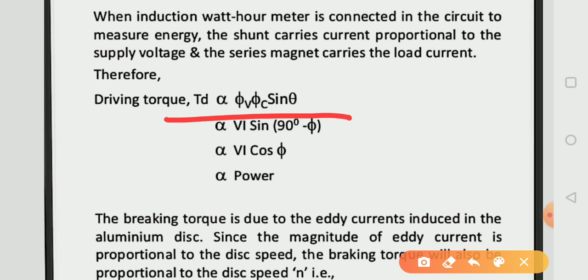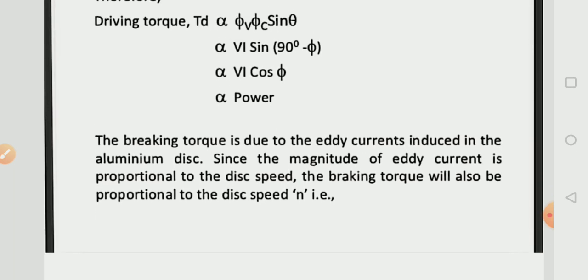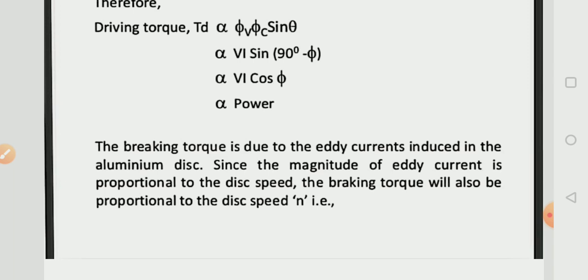Here phi v is proportional to the voltage, so we replace it by V, and phi c by I. So the equation becomes V into I into sine (90 minus phi), which we denote by cos phi, and this is our power. So the driving torque is proportional to the power which we applied.